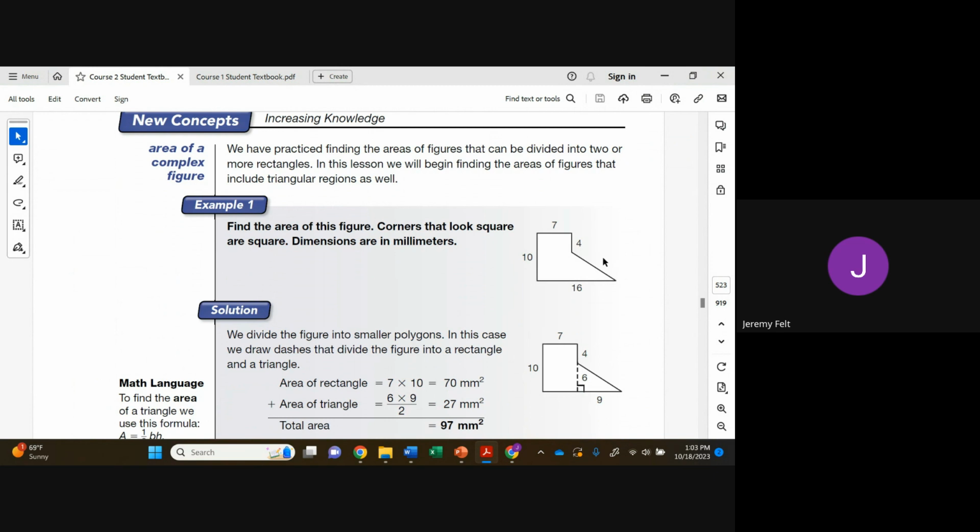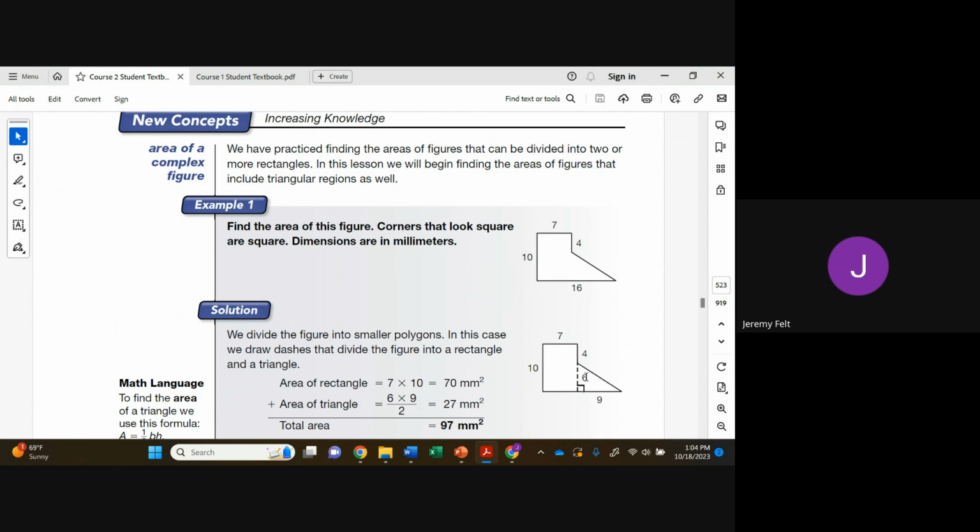I think it's going to be easier to break it apart into 2 polygons, probably a triangle right here since we know this distance. And that gives us a 7 by 10 rectangle. Pretty easy to calculate that. And then a 9, because this was 7, this was 16. So this distance from here to the end is going to be 9. So that's how we got that distance right there.